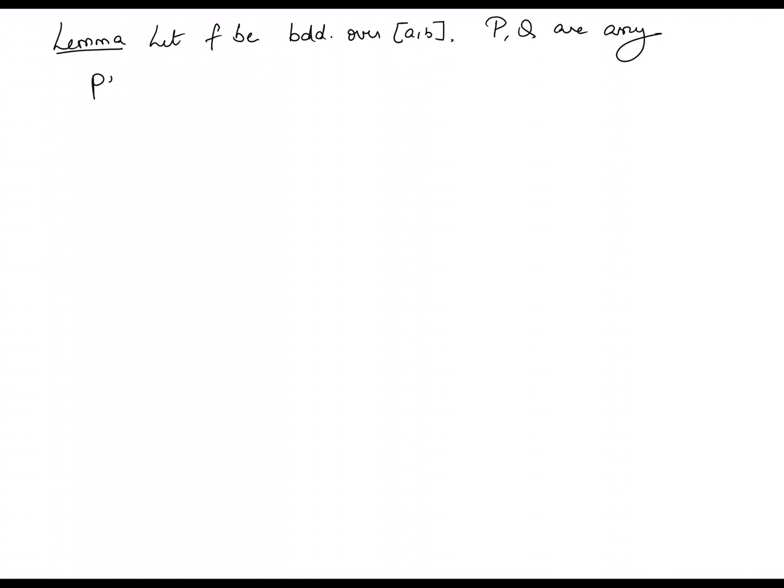So now that we know what happens to upper and lower sums as you make your partition finer, we will now be able to prove the following even stronger result. So once again, let f be a bounded function, and let's say P and Q are any partitions of the interval AB.